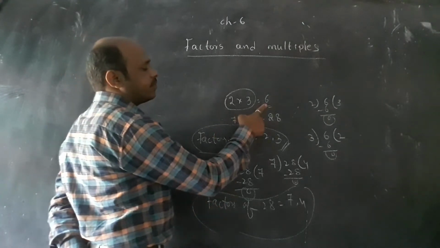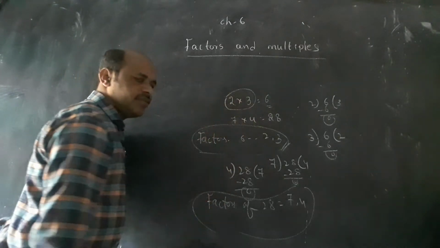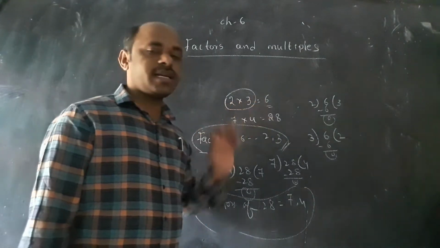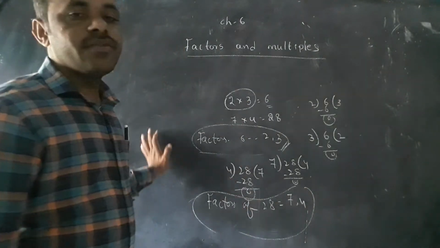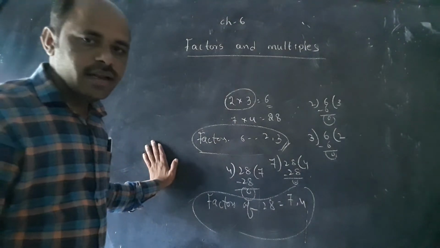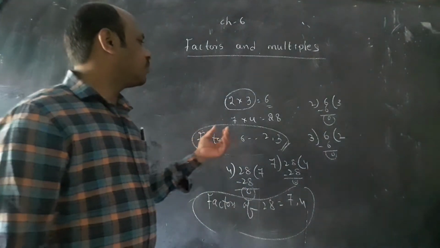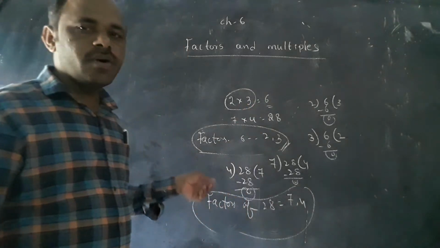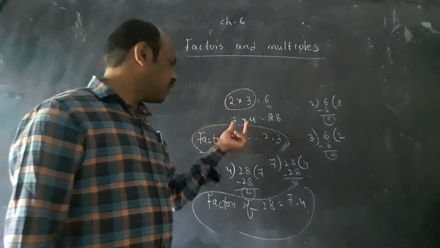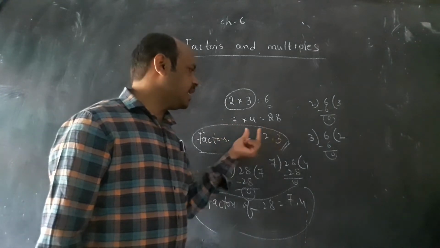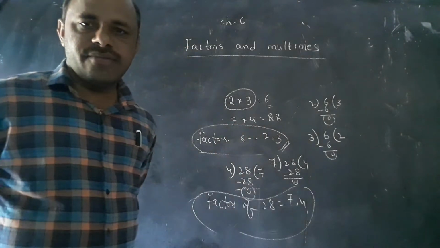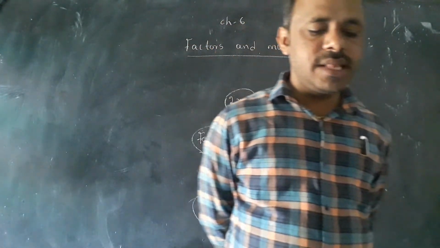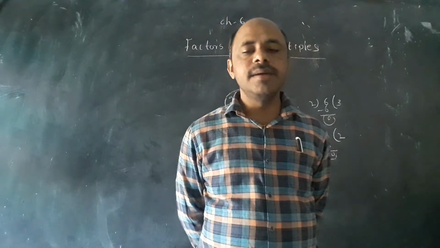Here 6 is a multiple of 2 and 3. Before, in the factors definition, I explained 2 comma 3 are factors of 6. Now we have to say 6 is a multiple of 2 and 3. In the same way, 28 is a multiple of 7 and 4. This way we have to discuss factors and multiples.